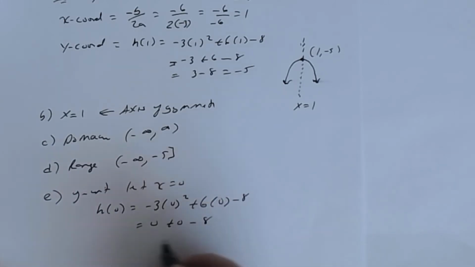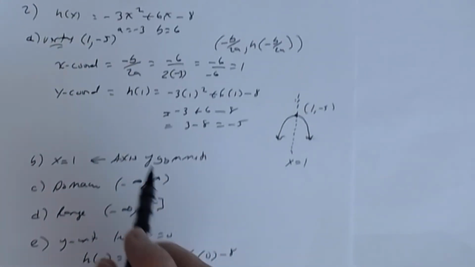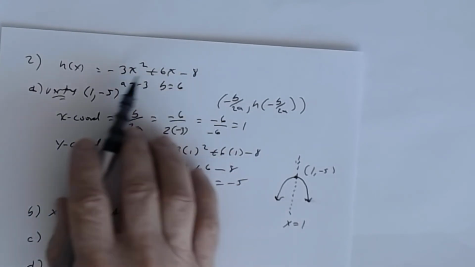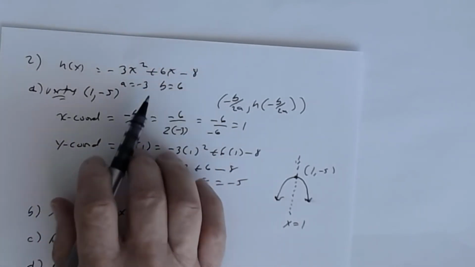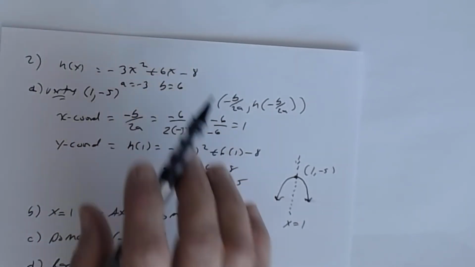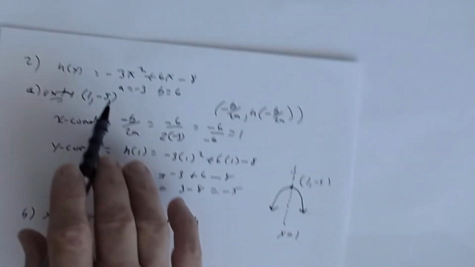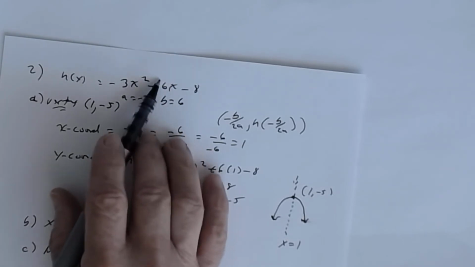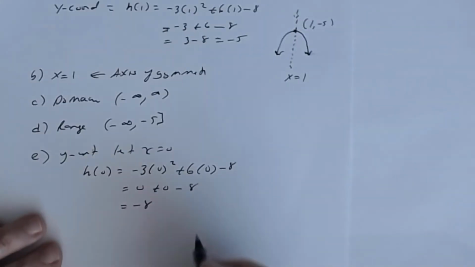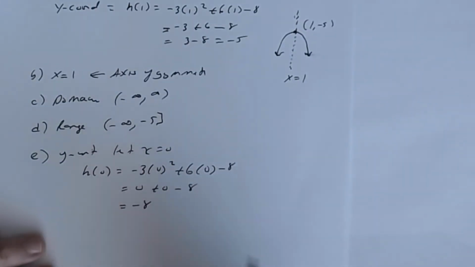And you're left with negative 8. And we knew that the y-intercept had to be negative 8 because that's your constant. So whenever it's written in general form, your y-intercept is always this, because to find the y-intercept, you let x be 0. Well, if x is 0, then this term is 0, this term is 0, and you're left with c. So your y-intercept is negative 8.